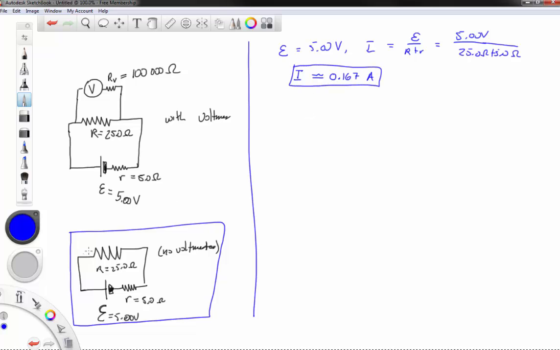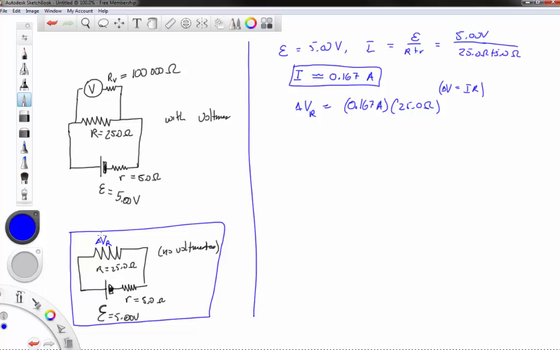And therefore the voltage drop, we'll call the voltage drop V sub big R, must be 0.167 amps times 25.0 ohms. In other words, we're using delta V equals I times R.